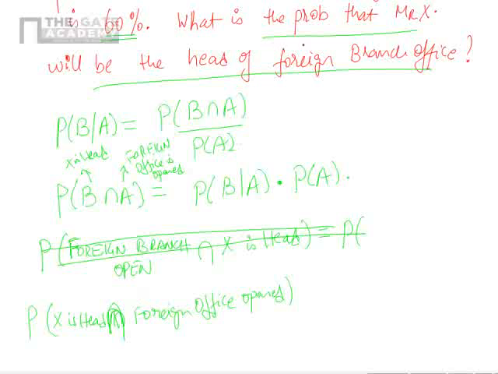What is the probability that Mr. X will be the head of foreign branch office? That means foreign branch office has been opened and X has become the head.